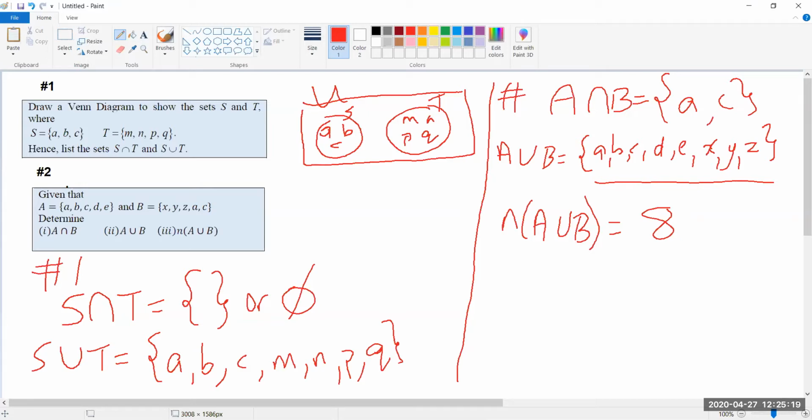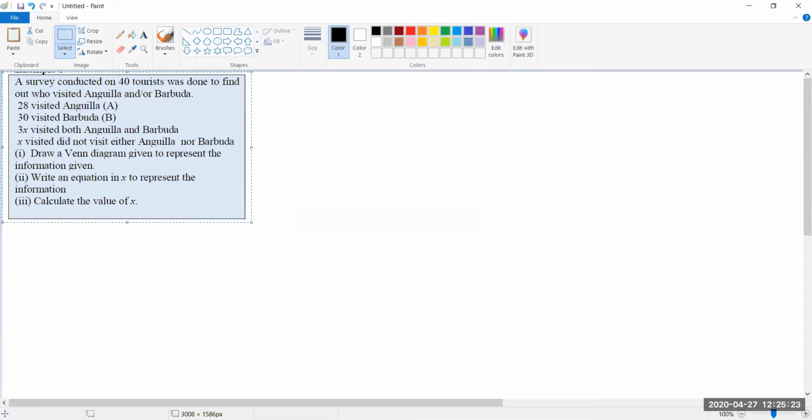Okay, so I'm taking this off. Let's look at this particular question here. A survey conducted on 40 tourists was done to find out who visited Anguilla and or Barbuda. 28 visited Anguilla, 30 visited Barbuda, which is B, and of course Anguilla is A. 3X visited both Anguilla and Barbuda.